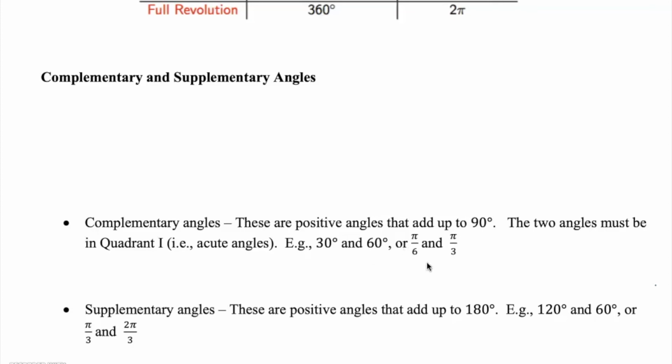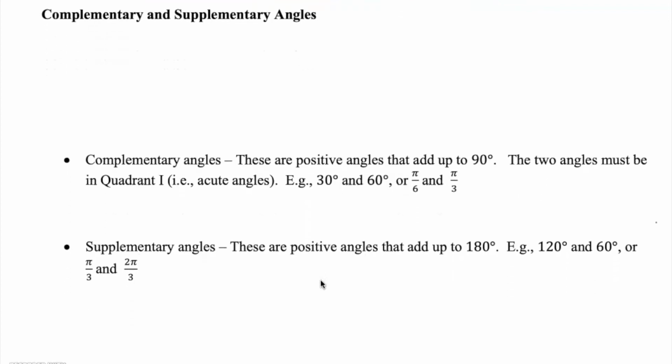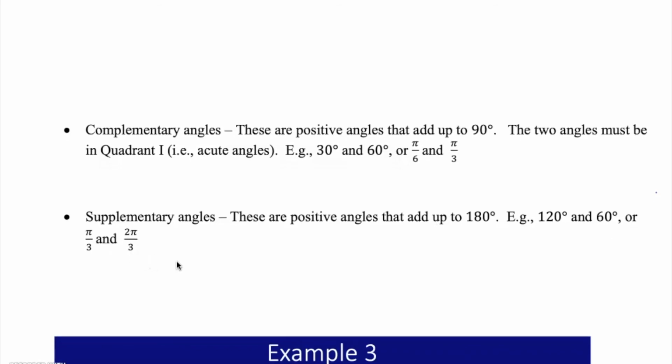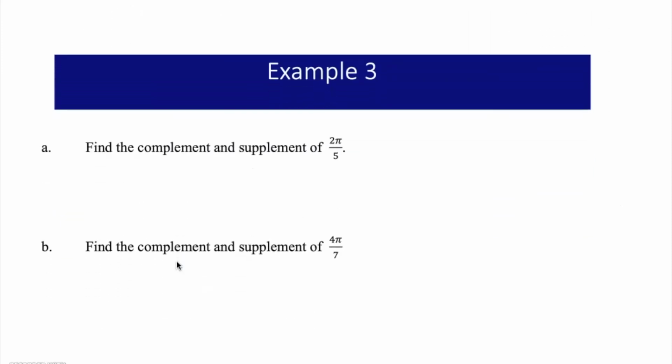Likewise, pi over 6 and pi over 3 added together give pi over 2, which is my right angle. Supplementary angles, on the other hand, are positive angles that add up to 180 degrees. So 120 plus 60 gives me 180. Or, if you want, pi over 3 plus 2 pi over 3 will give me pi, which is a straight angle.